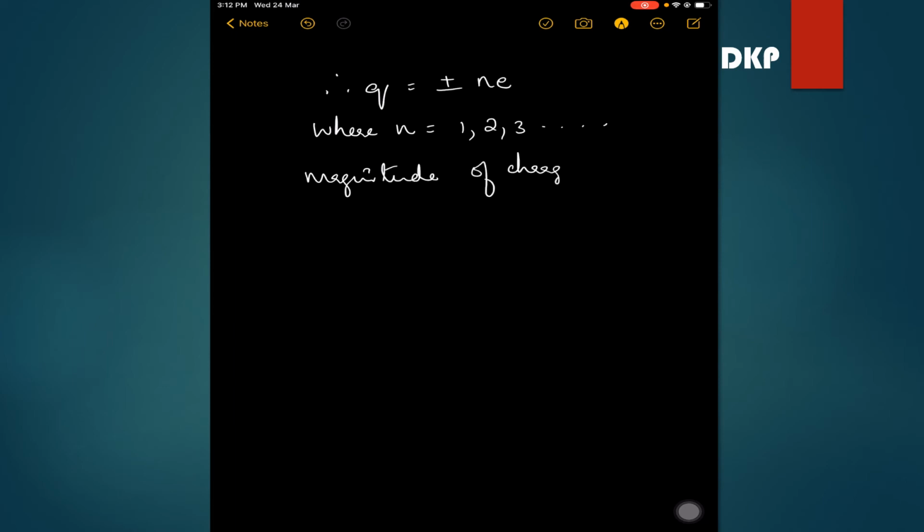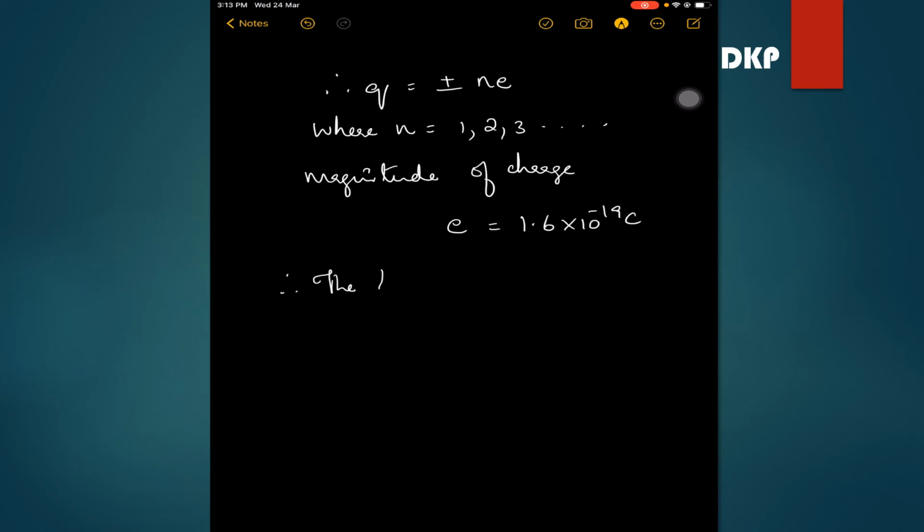Therefore, Q is equal to plus or minus NE, where N is equal to 1, 2, 3, etc., and the magnitude of charge, that is E, is equal to 1.6 into 10 to the power of minus 19 coulomb. Therefore, the total charge of a body is an integral multiple of 1.6 into 10 to the power of minus 19 coulomb.